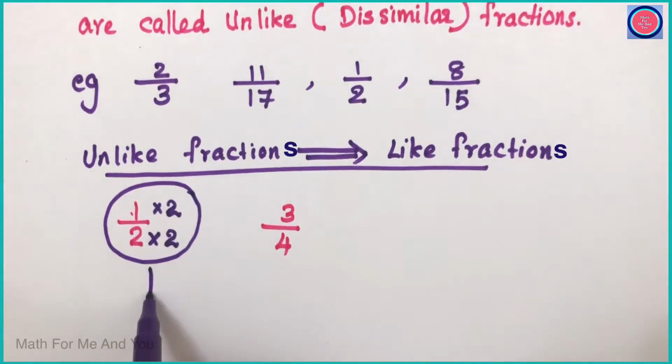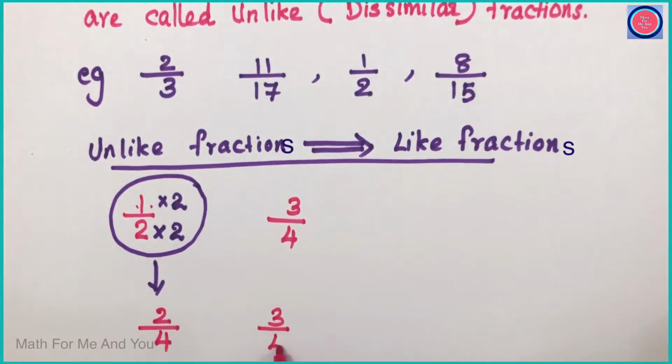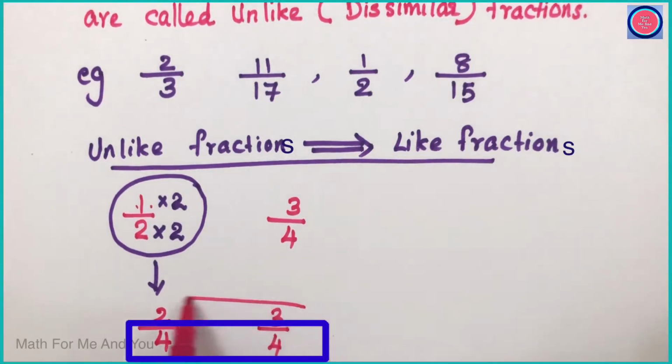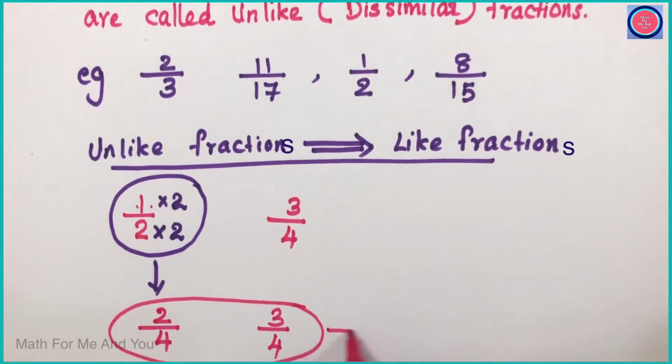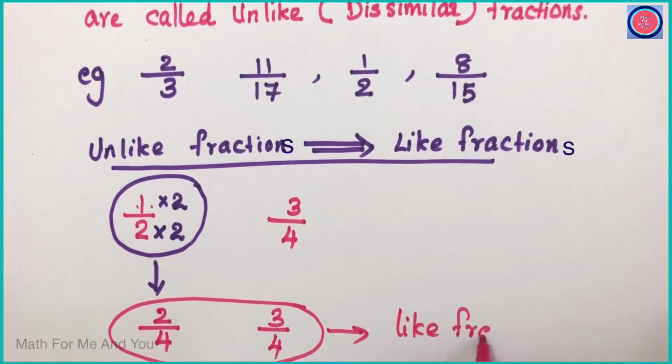Then the fraction changes. 1 times 2, the numerator value is 2. What is the denominator? 2 times 2 is 4. Now the second fraction, write same. It is 3 over 4. Look at the two fractions. What about the denominators? They are same. That means these two are now like fractions. Before they were unlike fractions. Now we have changed to like fractions.